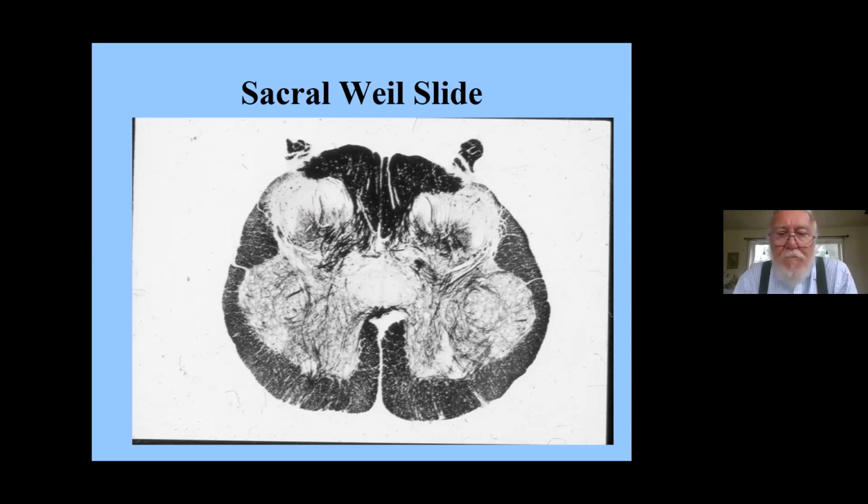Now, there's something very interesting. If you're looking here in this Weigert stain, what you see is quite a bit of white matter, both in the dorsal horn and in the ventral horn. Now, some of that white matter you can actually see moving towards the dorsal columns. So if you remember, I said the dorsal columns is made up of those heavily myelinated fibers that enter medially via the dorsal root ganglion and shoot straight up.